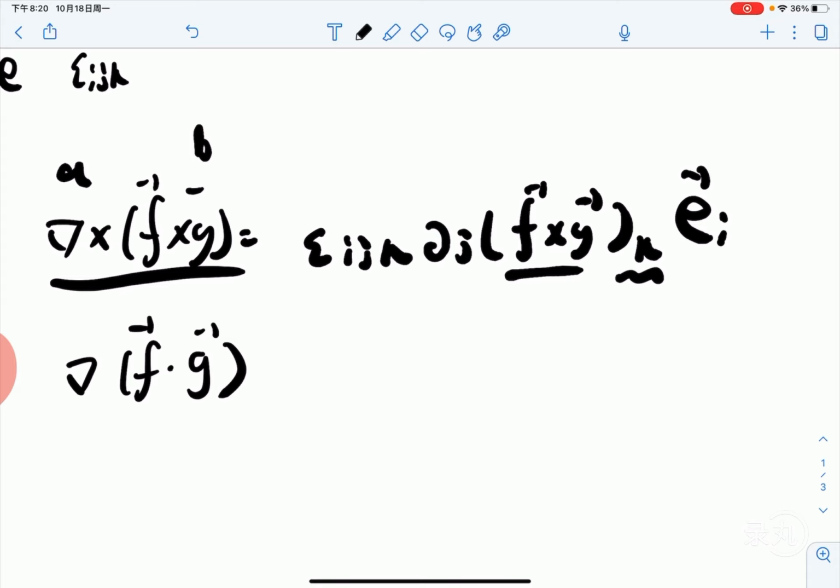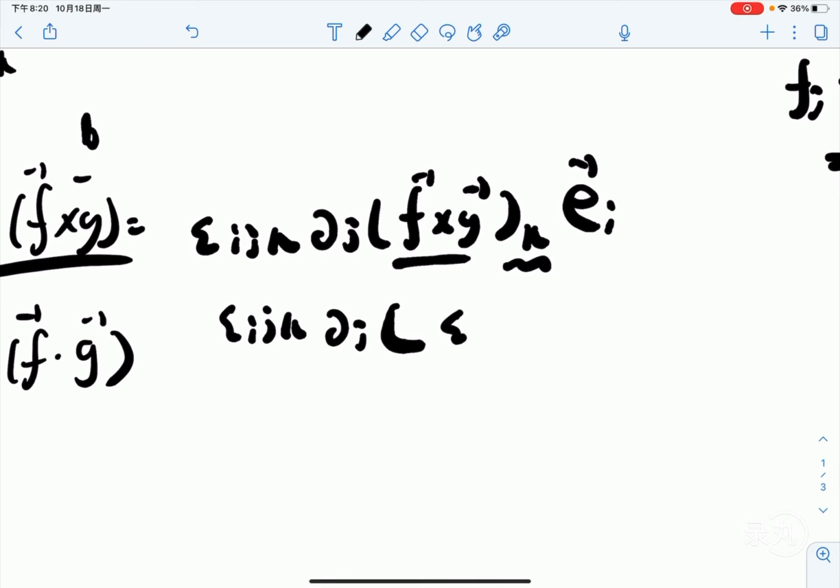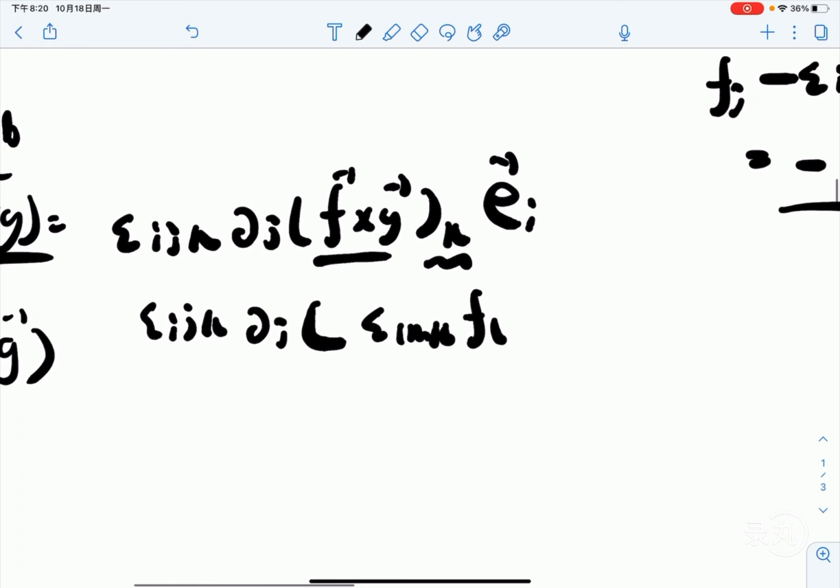So there must be a K term here. So basically, this is equal to epsilon_IJK ∂_J epsilon_LMK ∂_L F G_M. Okay.